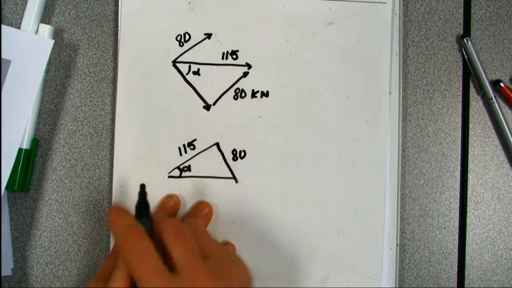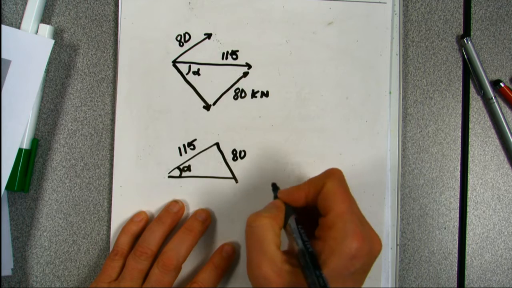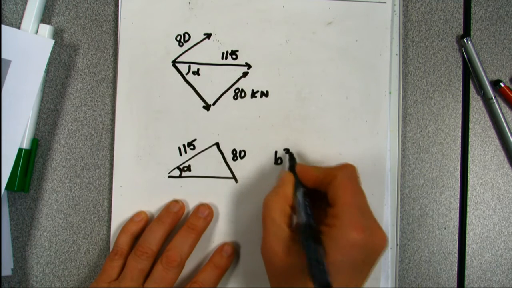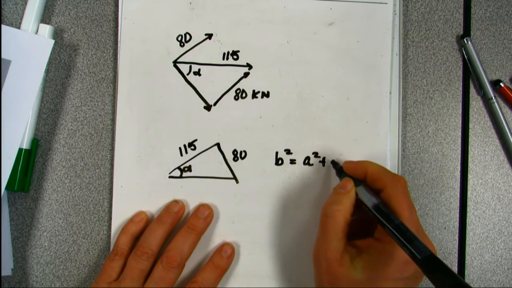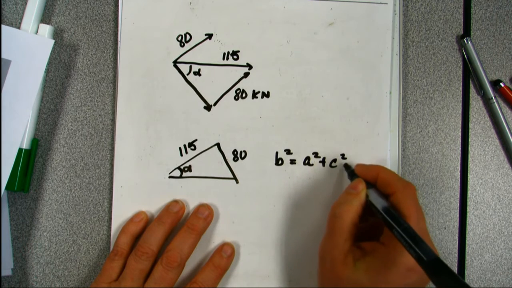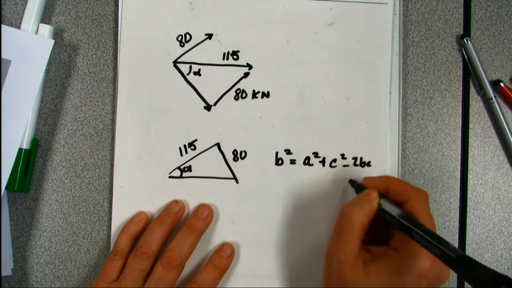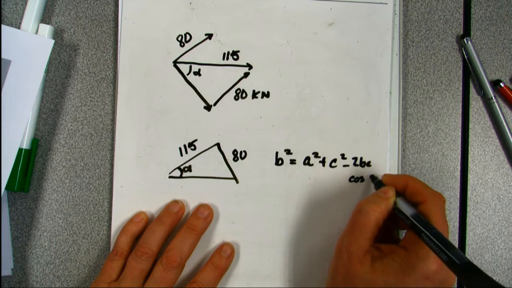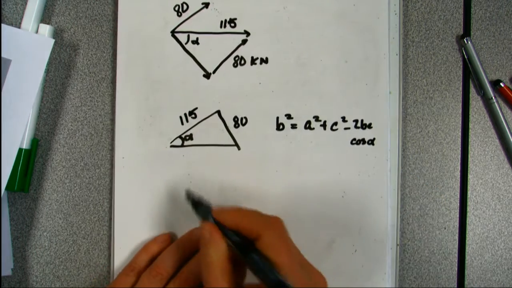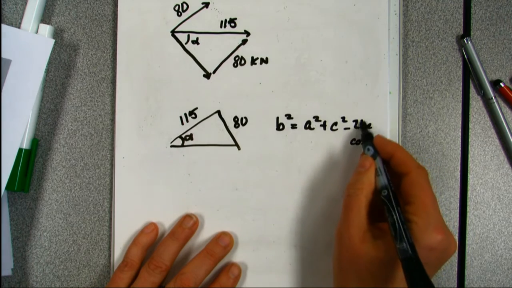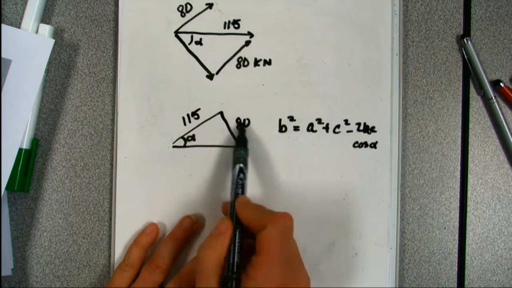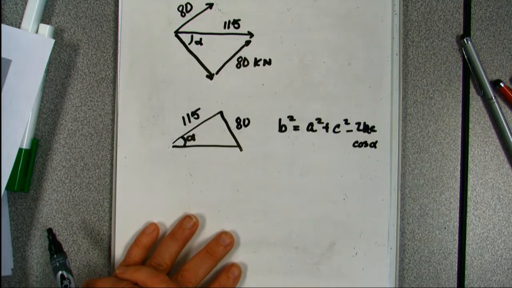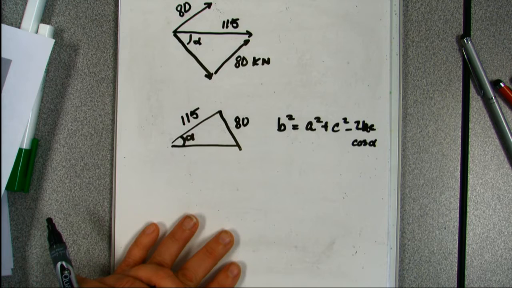This is going to be B. So B squared is equal to A squared plus C squared minus 2AC cosine of the angle. So if I have any two pieces of information, I should be able to get the rest of it.